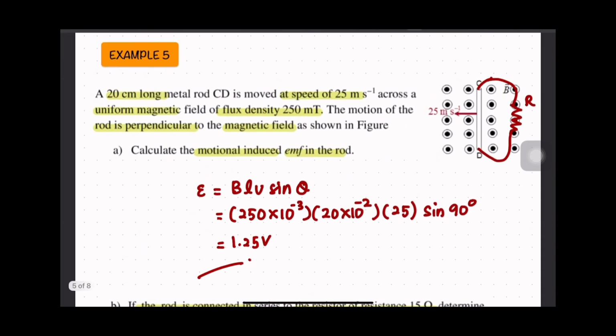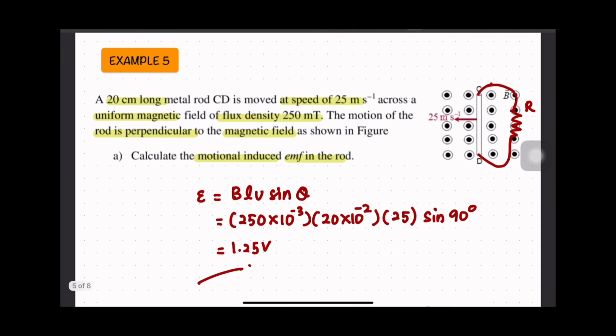Okay, where is the direction? You can use Fleming's left hand rule, where the direction of V always opposes the direction of F. Use the left hand.